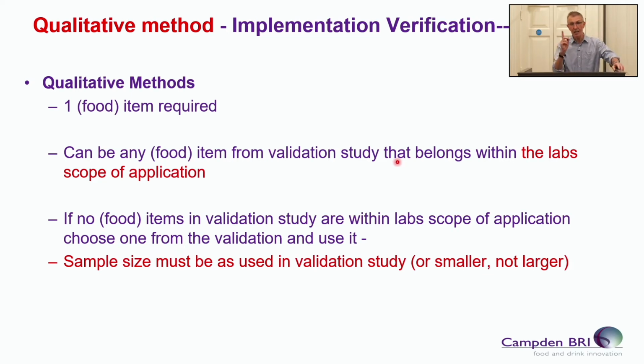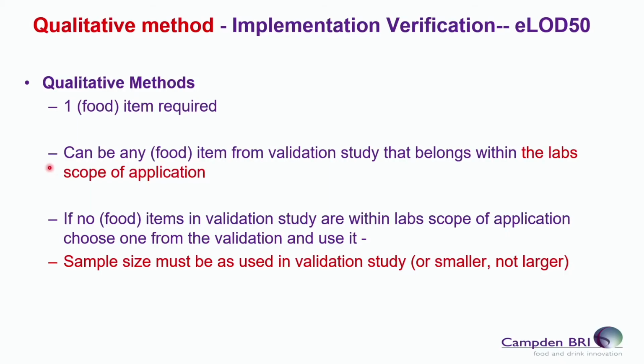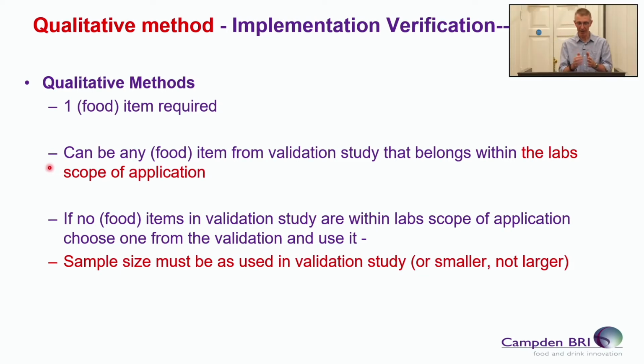Now, to do this, you only need to test one food item. Great relief to everybody. And the food item you're going to test is any food item that was used in the validation study by the expert laboratory that's within your lab scope. So you must be able to test it as well.